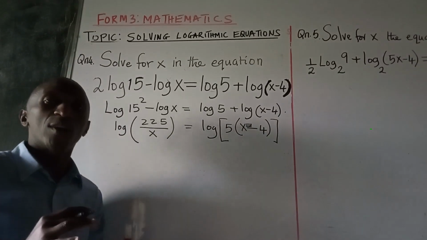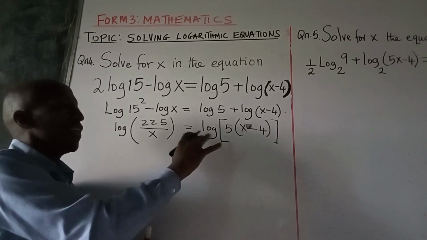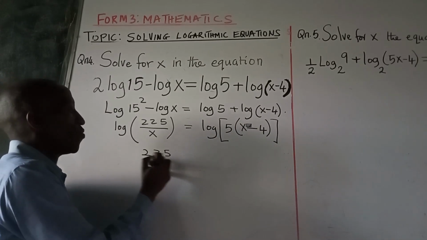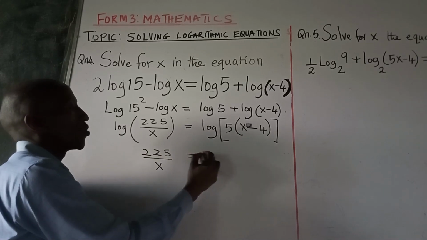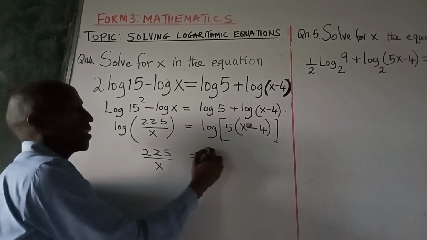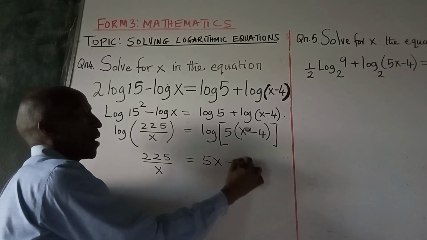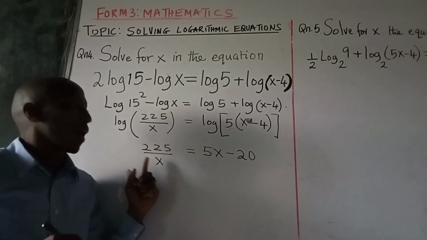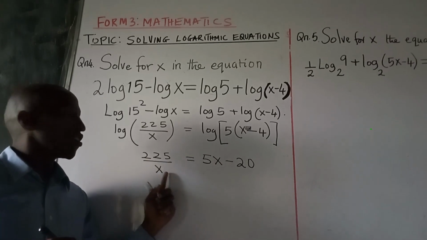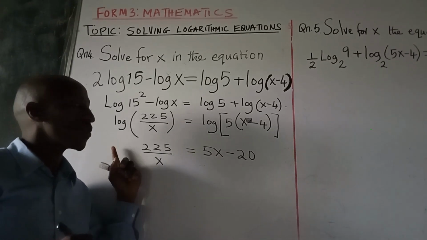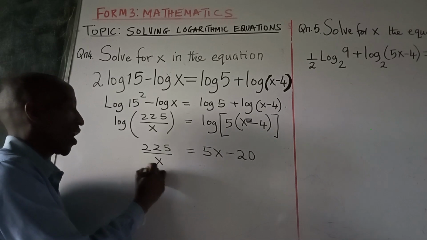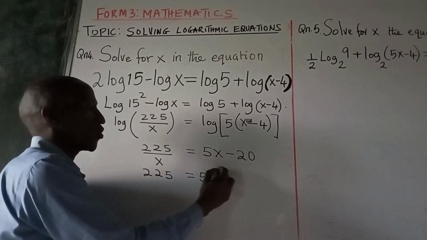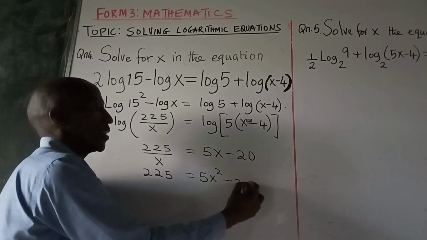So at this point, we may drop the logarithms and we shall have 225 all over x is equal to 5x minus 20. We remove this denominator by multiplying throughout by x, and we shall have 225 is equal to 5x squared minus 20x.